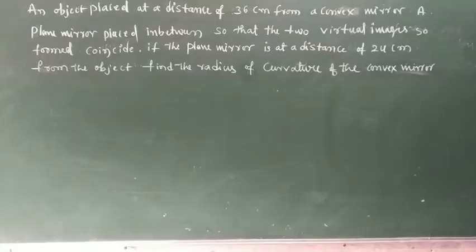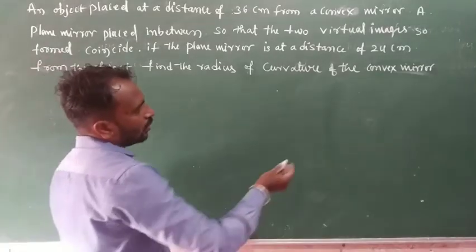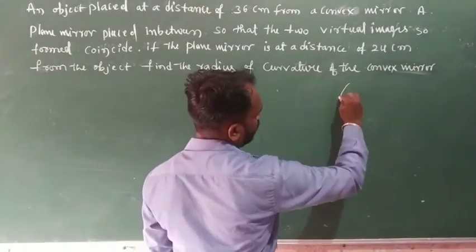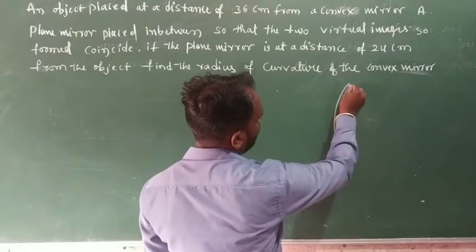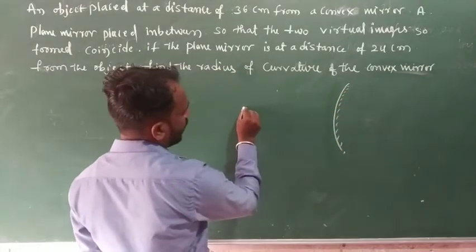Okay, so our next problem: an object is placed at a distance of 36 centimeter from a convex mirror. Here we consider a convex mirror and a principal axis.